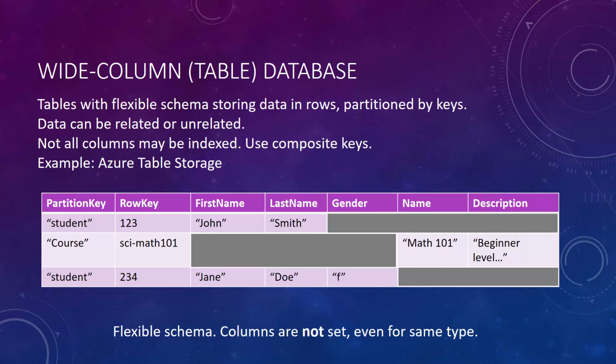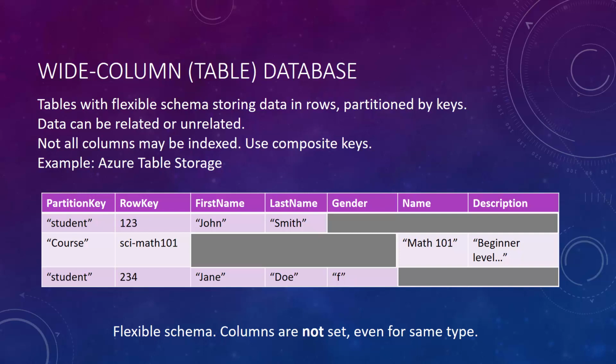So here we're looking at, this happens to be an Azure Table Storage example, and in this case, the key actually is in 2 separate columns, partition key and row key. Together, those 2 columns represent the key. And then the rest of them you can think of as the value.